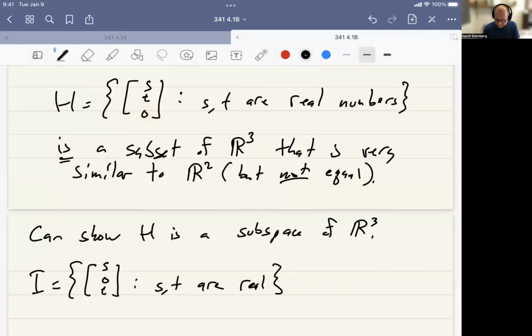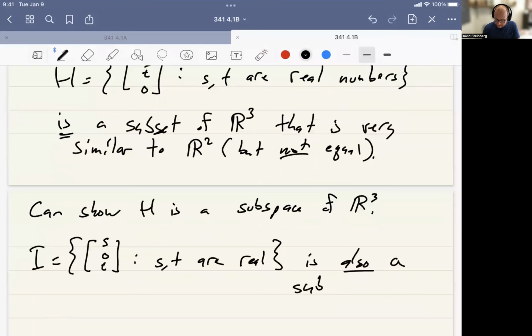This is also a subspace of R3. And this is part of what I was saying before. There's no one way of putting R2 inside of R3. There are many, many ways. But we do need our subspace to contain the 0 vector. So it's not that any plane in R3 is going to work. We need a plane that passes through the origin, not just any old plane.